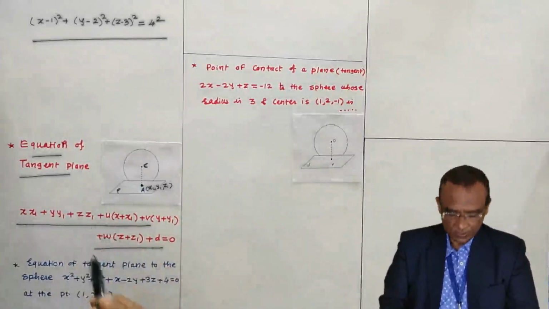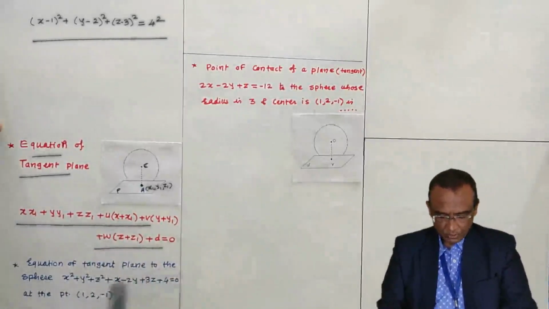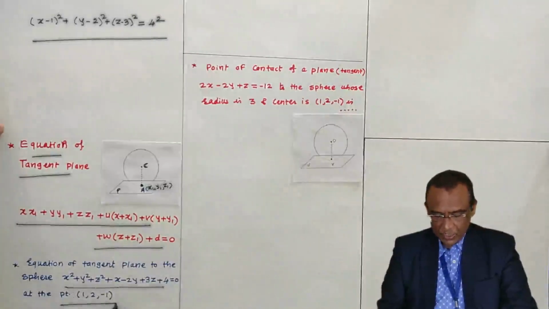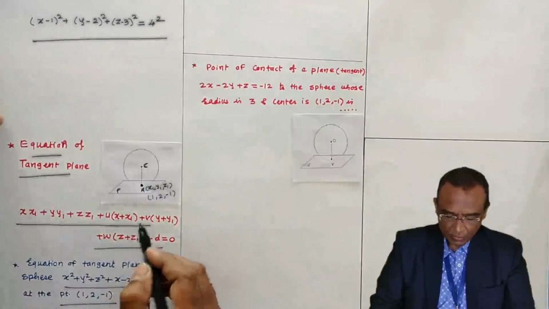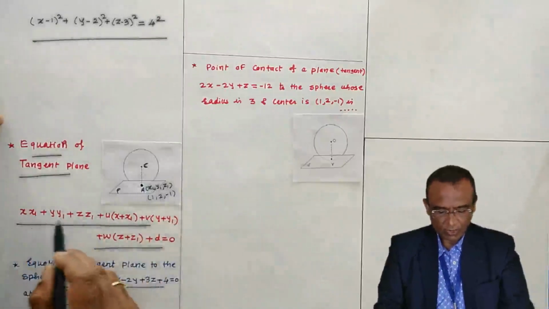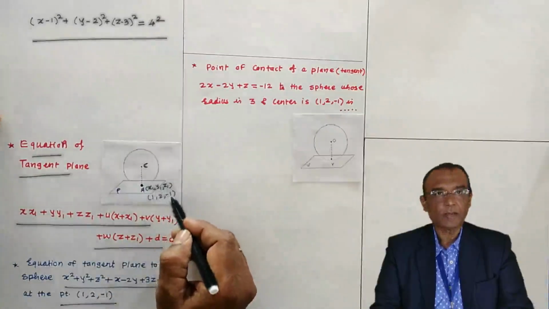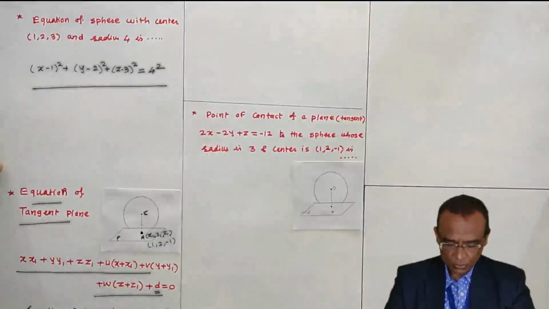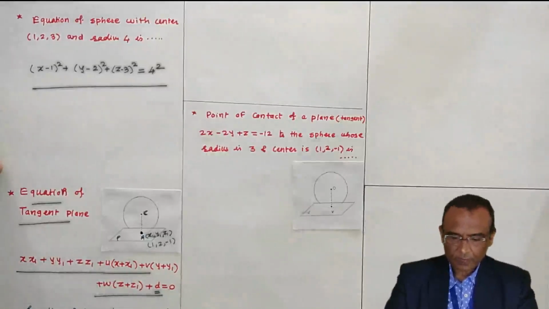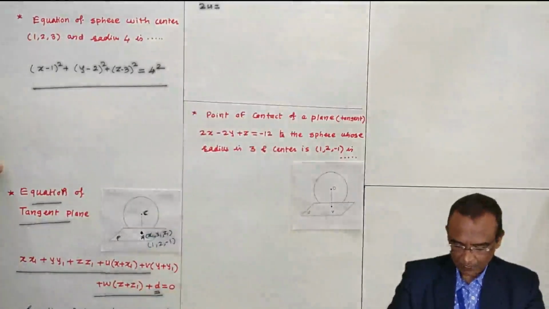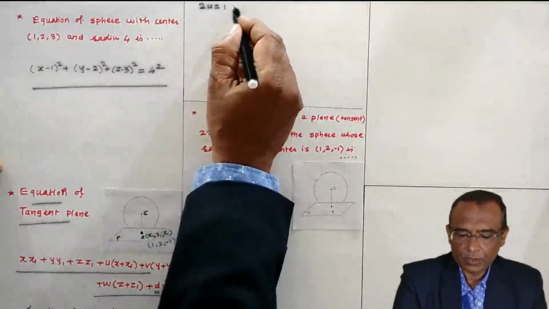Now the problem on this: the equation of the tangent plane to the sphere. The equation of the sphere is given, and the tangent plane at this point I want. For the equation of the tangent plane, what do I want? x1, y1, z1. The x1 is 1, y1 is 2 and z1 is minus 1. u, v, w are also required. Then what is 2u here? 2u is the coefficient of x, which is 1.